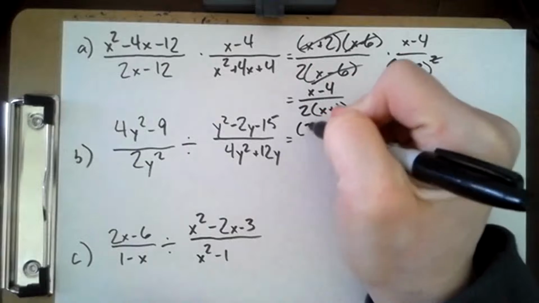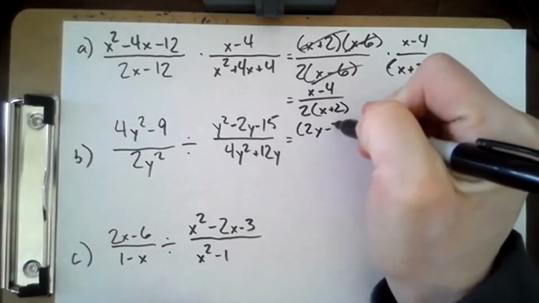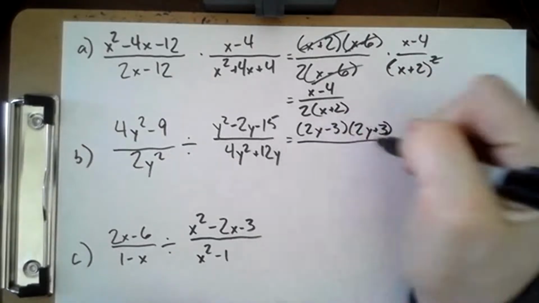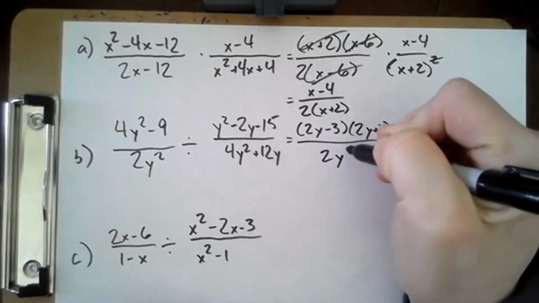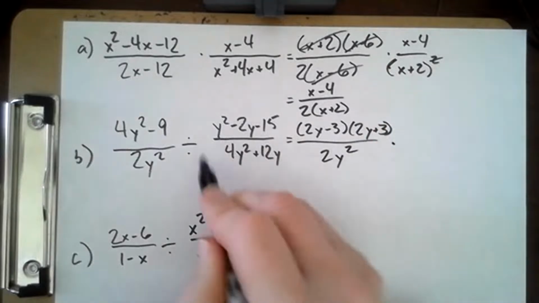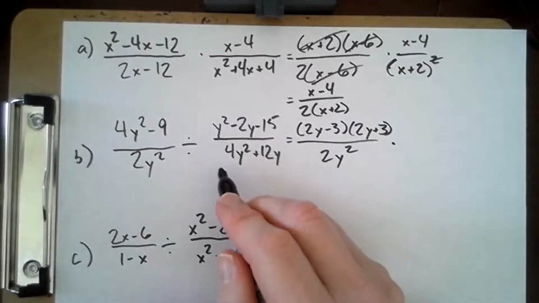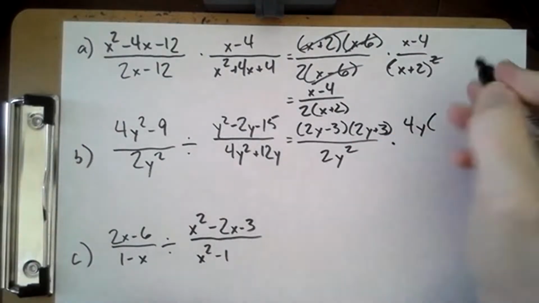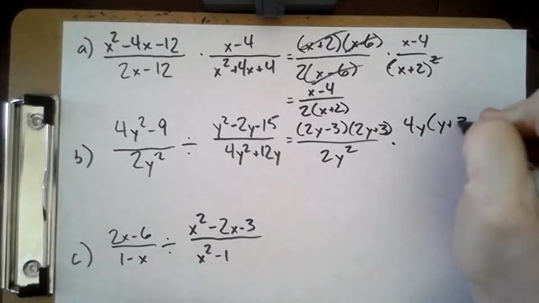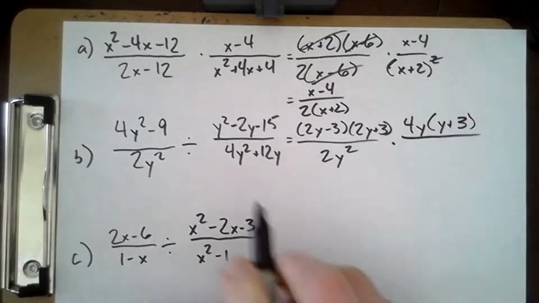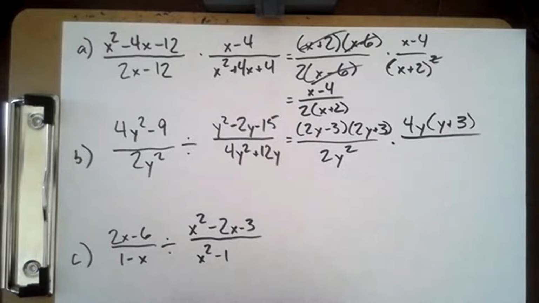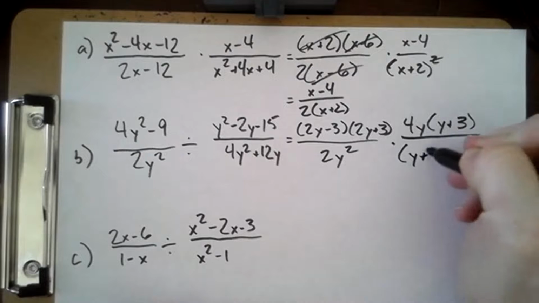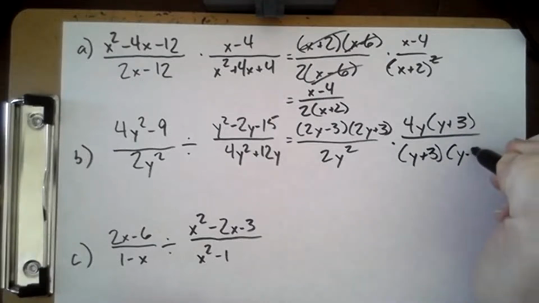So we get 2y minus 3 times 2y plus 3 over 2y squared, that's not going to change, times, now we look at the denominator here, 4y times y plus 3 divided by factoring y squared minus 2y minus 15, that's y plus 3 times y minus 5.